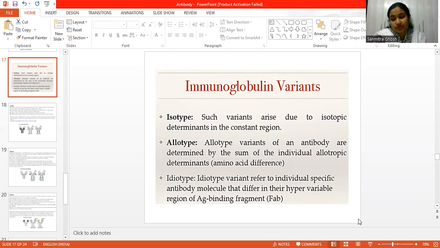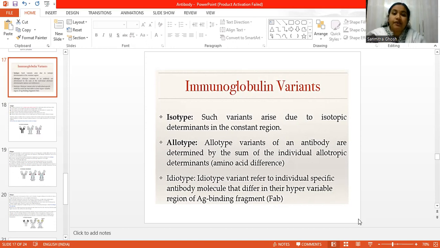Previously, I have already shown that the structure of the antibody can be divided into two halves. The uppermost portion is the Fab arm and the lowermost portion of the Y-shaped structure is the Fc region, or the constant region. So the isotype, or the isotypic variation, is mainly confined within this constant region.